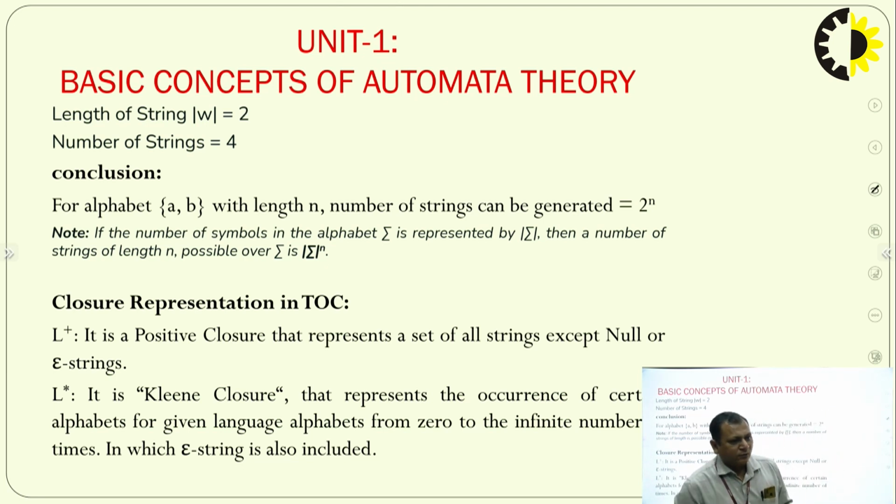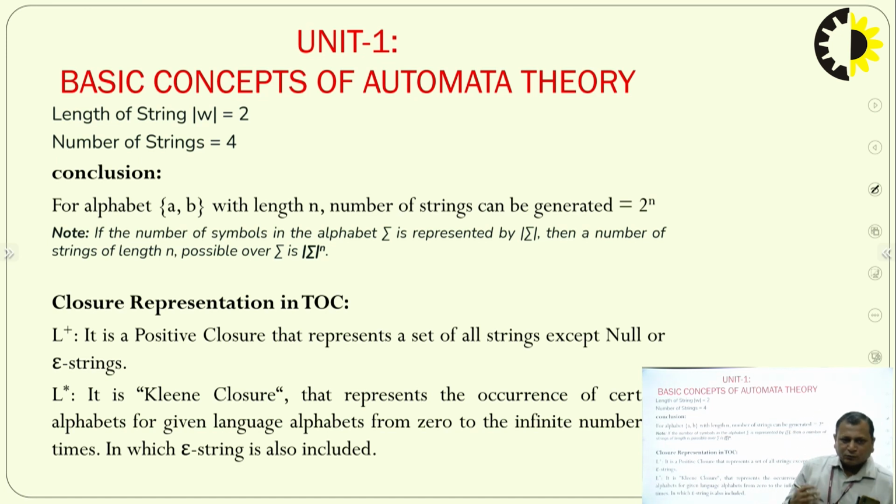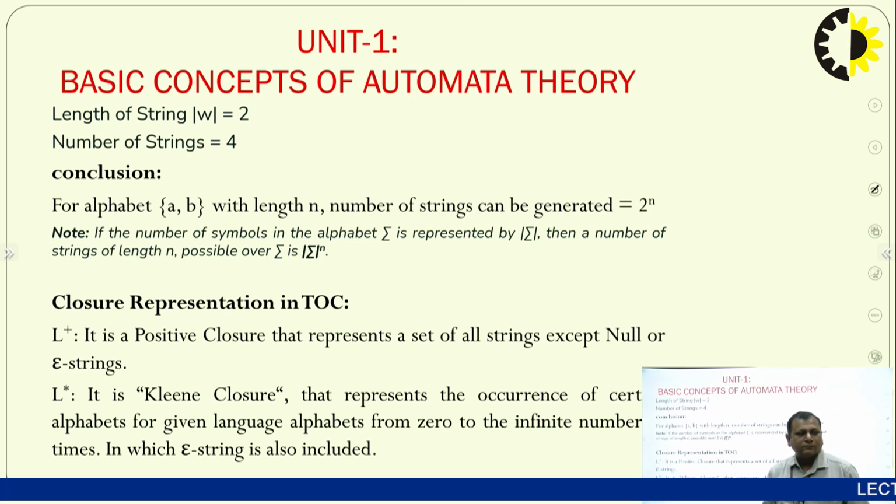So in the L star or the Kleene star, we can have strings of length 1, 2, 3, 4 and so on, and also we have to include length 0, that is epsilon, or the null string, in the L star. So we have two types of closure. Number 1 is the L plus, and second is the L star. Right? L plus is called the Kleene plus and L star is called the Kleene star closure.